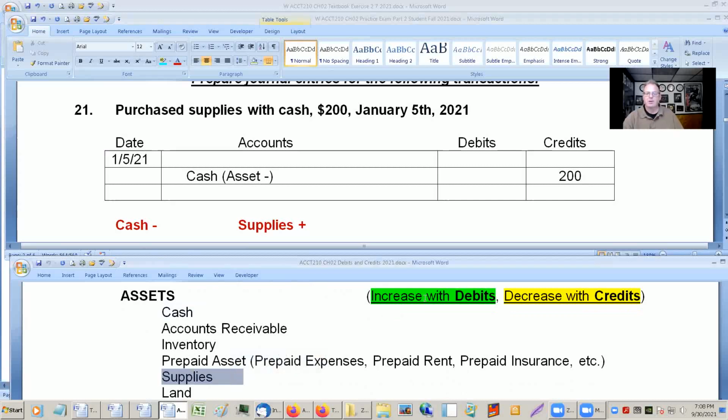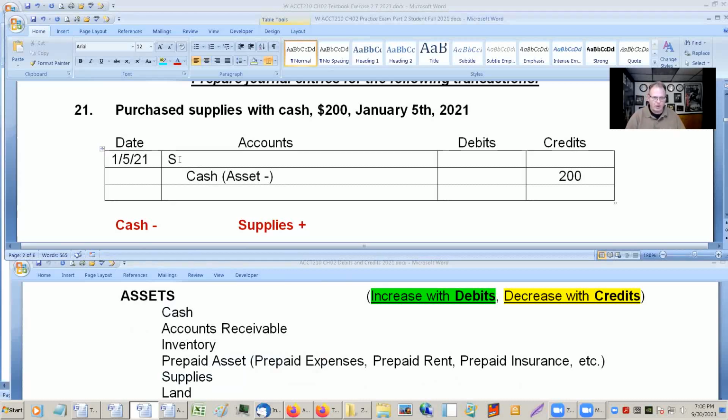Yeah, we now have more. Cash down, supplies up, right. And by the way, I don't care what order you put these in. I thought the debit has to be first. Well, there's actually no real rule on that. That's something they put in textbooks.